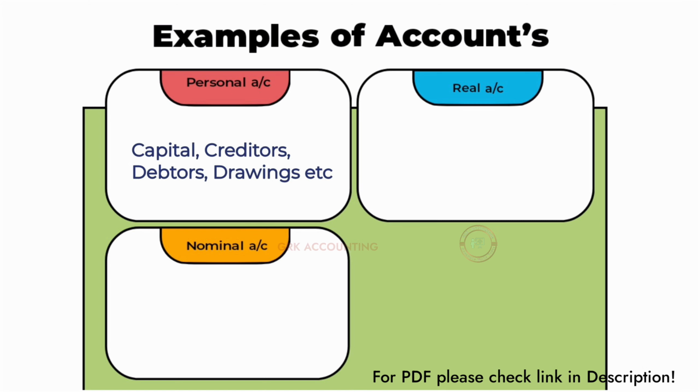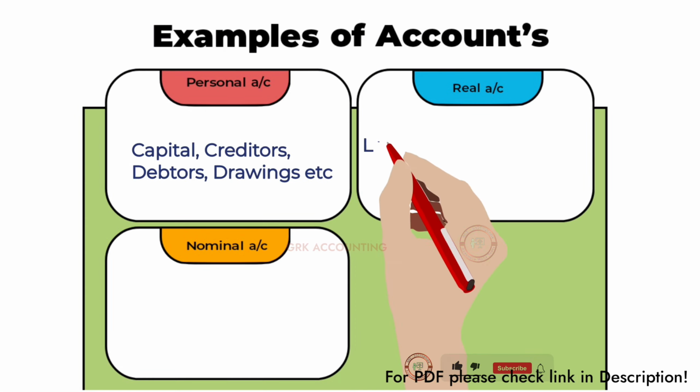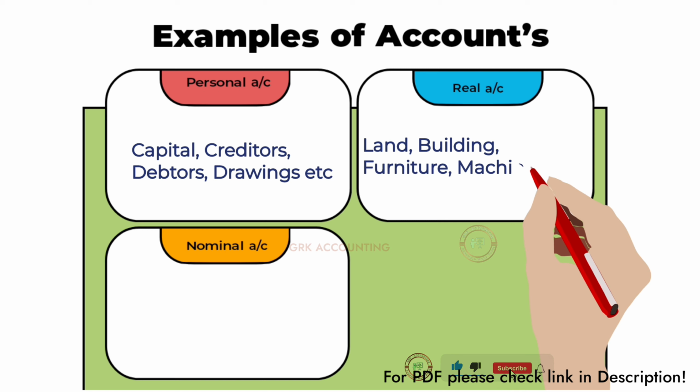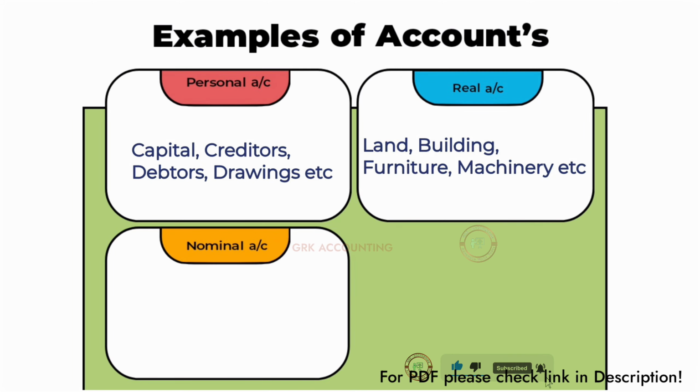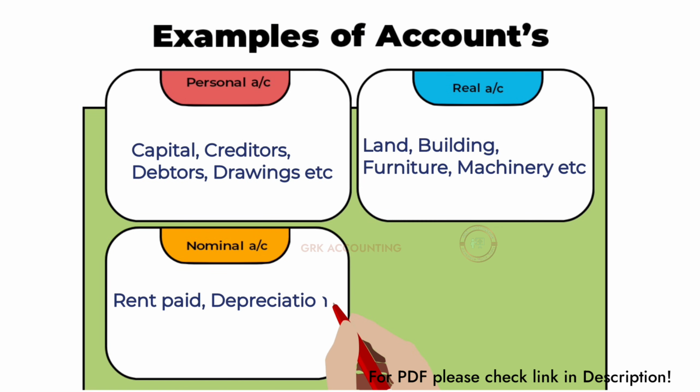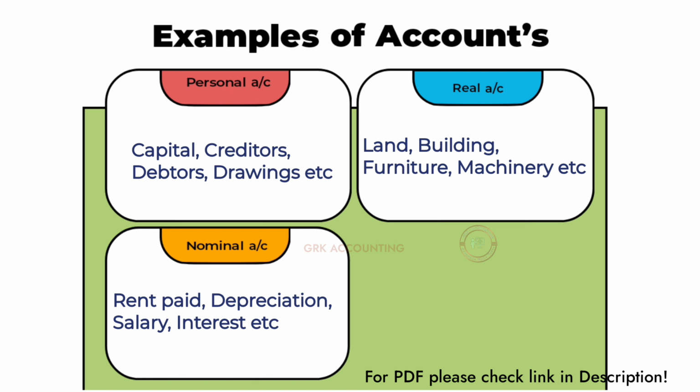Drawings, which we withdraw from business for our personal purpose, can be termed as a personal account. Now if we go to real account examples, real accounts can be land, building, plant and machinery, furniture, etc. Now if we go to nominal account, all expenses like salaries, rent and incomes like interest received, commission received, etc. are all nominal account examples.